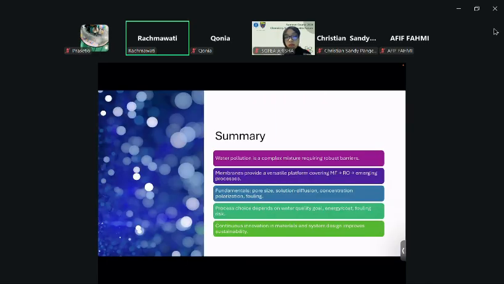So in summary, you have learned about water pollution, which is actually a complex mixture of many things, which requires robust barriers so that you can separate them from the water. You have learned that membranes provide a versatile platform covering microfiltration, reverse osmosis, and also some emerging processes. You have also learned about the fundamentals in membrane science, such as pore size, solution diffusion, concentration polarization, and fouling.